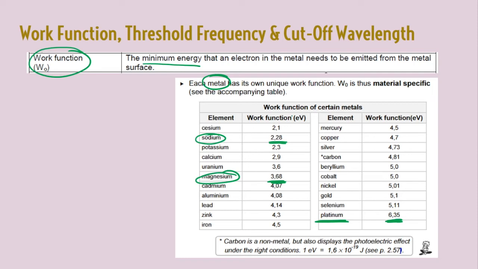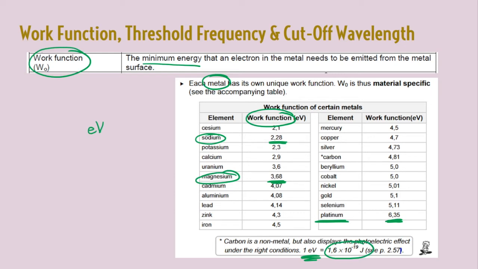Sometimes you will see that the work function, instead of being given to you in joules, which is the SI unit for work and energy, will be given to you in eV. eV stands for electron volts, and 1 electron volt is equal to 1,6 times 10 to the negative 19 joules.